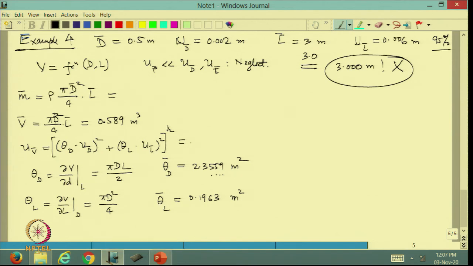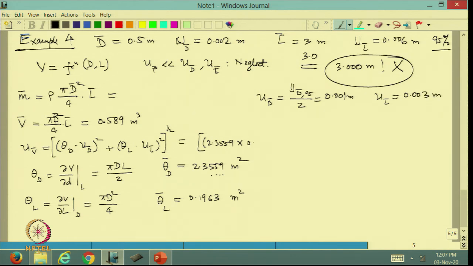Now we substitute in this expression. We have this theta d value, 2.3559, into u d bar, and we need that. This is given at 95% confidence level, so u d bar is the value at 95% confidence level divided by 2, which is equal to 0.001 meter, and similarly u L bar is 0.003 meters.